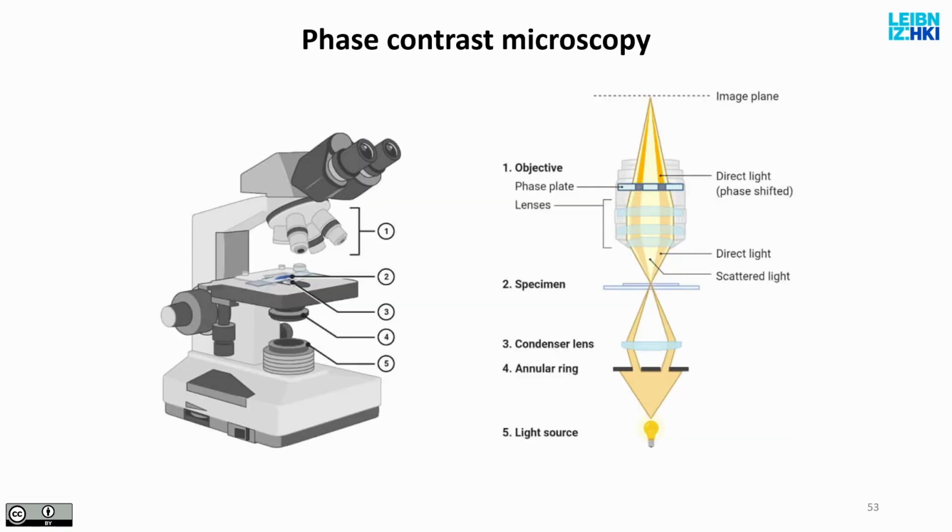For phase contrast microscopy, instead of homogeneous illumination, you have an illumination pattern which looks like a donut. So basically, you illuminate through a circle, the center of which is dark, and then in the microscope objective itself, you have a similar pattern with the exact inverse.